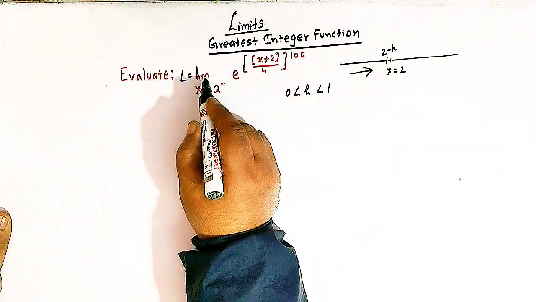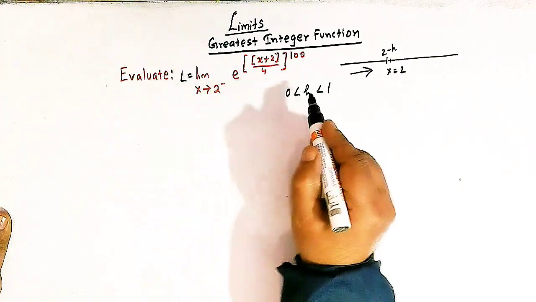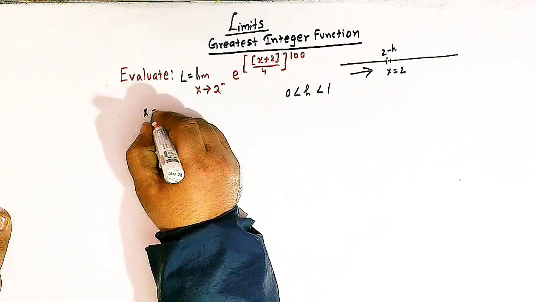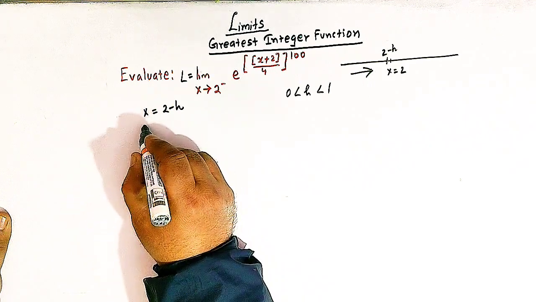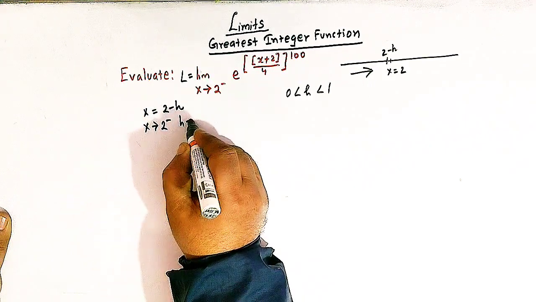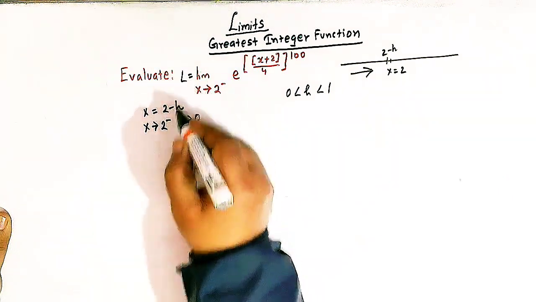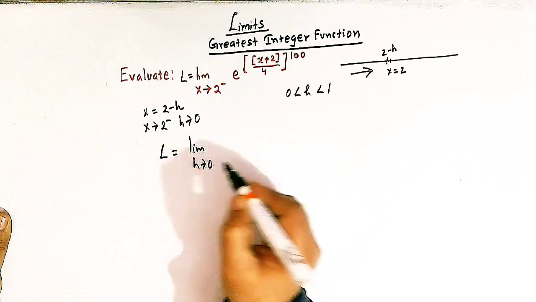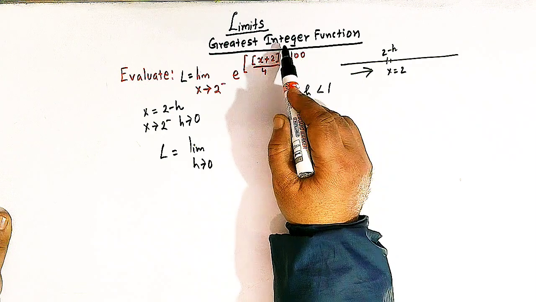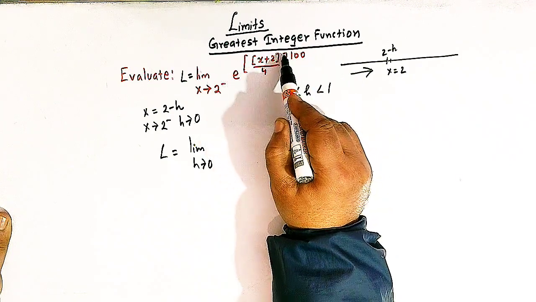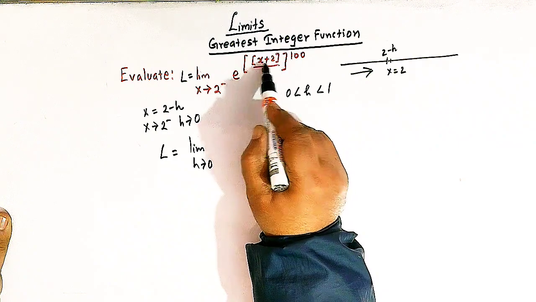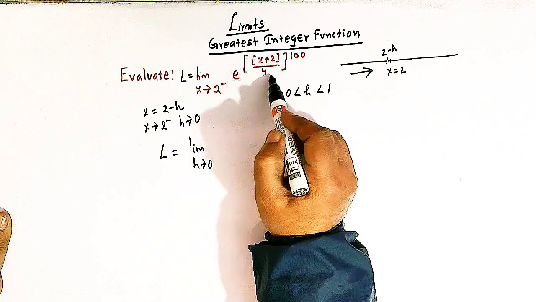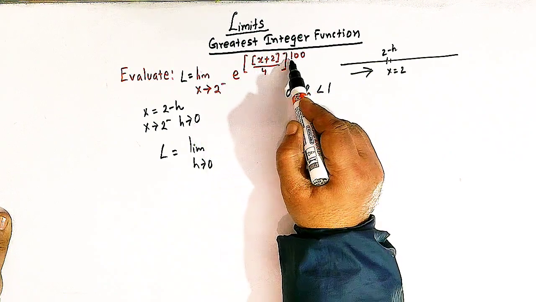So we'll convert this limit in terms of h by substituting x equal to 2 minus h, so that when x tends to 2, h tends to 0. Now this limit takes the form L equals limit h tends to 0, and remember here we have the greatest integer function two times. First we have the greatest integer of x plus 2, then the greatest integer of this entire term, and then the exponent 100.